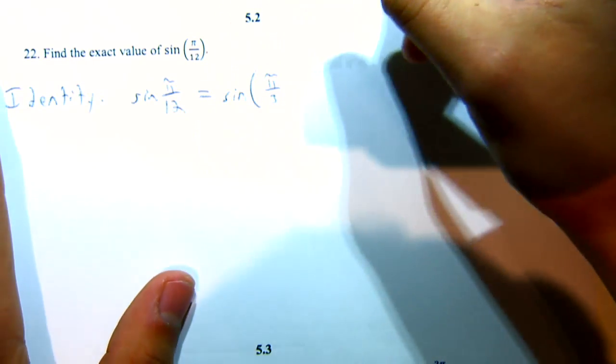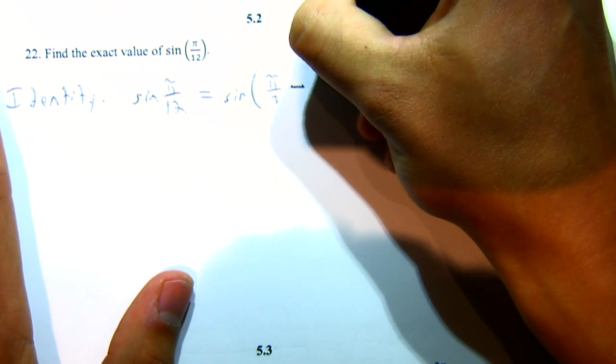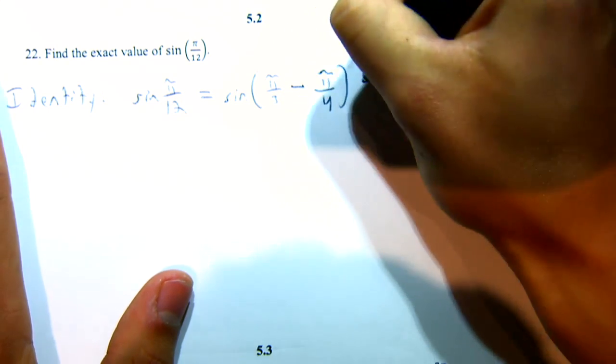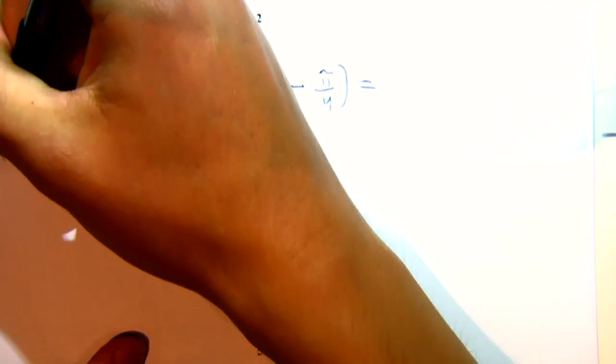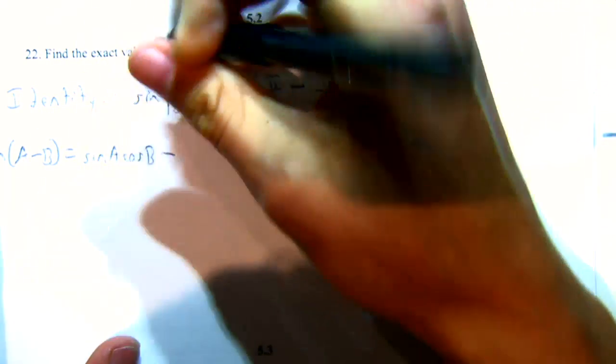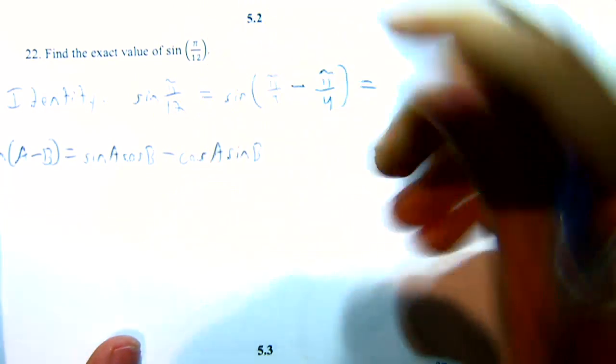So we'll use pi over 3 minus pi over 4. And we're saying the identity was sine of a minus b equals sine a cosine b minus cosine a sine b.